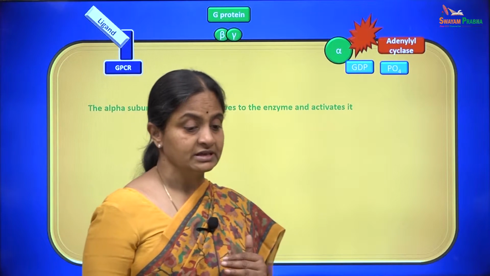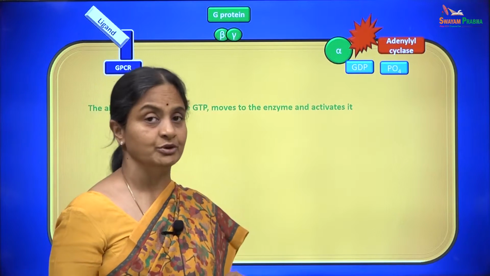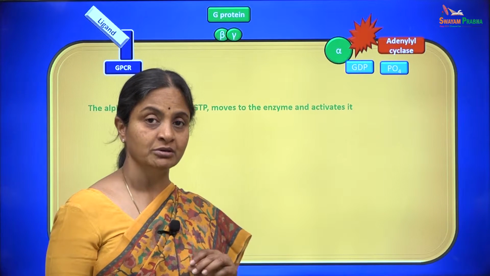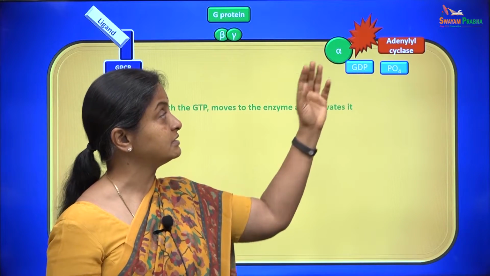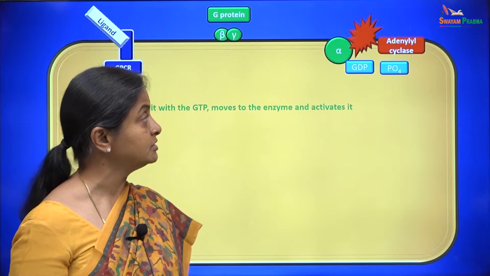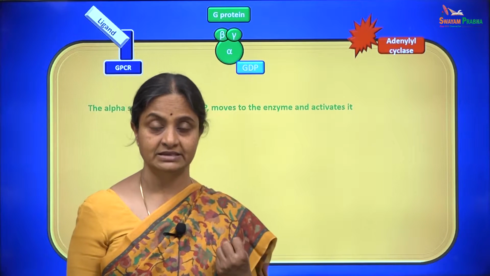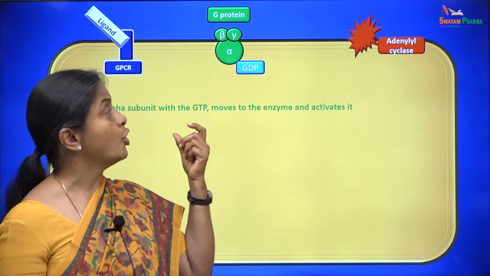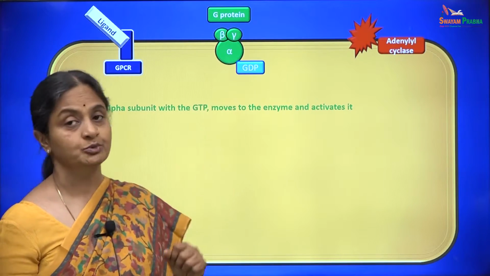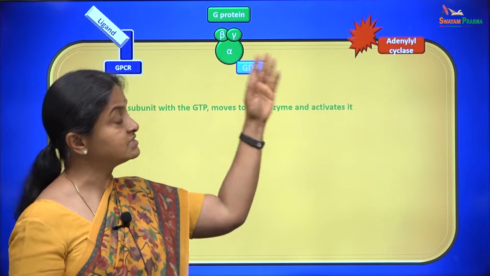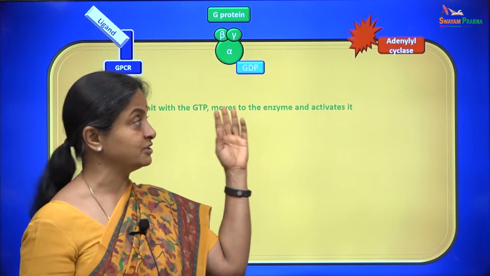Now, once it has activated adenylyl cyclase, the GTPase activity of the alpha subunit will cleave the GTP molecule to produce GDP and phosphate. GDP still remains bound to the alpha subunit, and once that happens, the alpha subunit moves away from the enzyme and homes to its original position, where it will be in combination with the beta and gamma subunits. So this is a cycle of events that the G protein goes through after being activated.